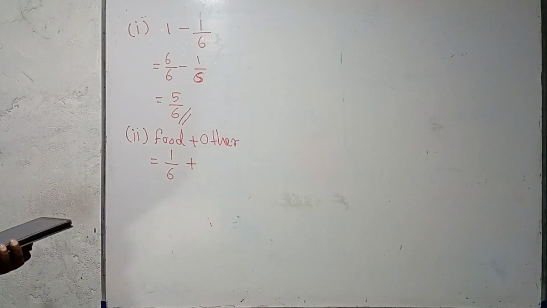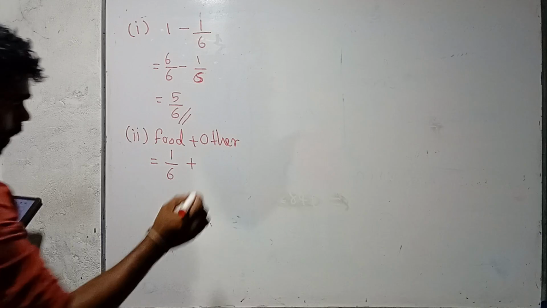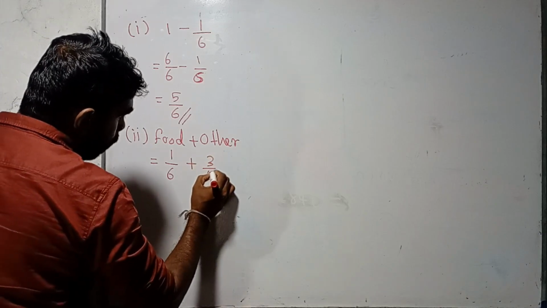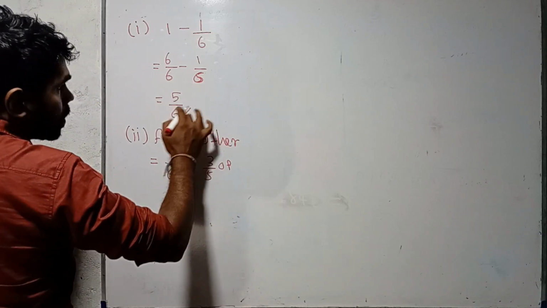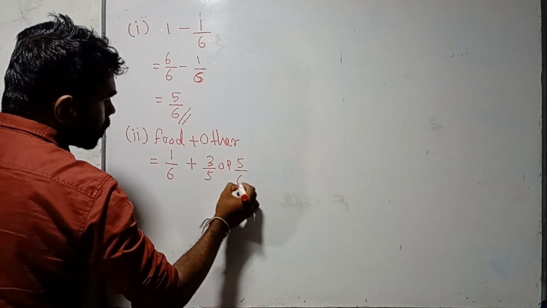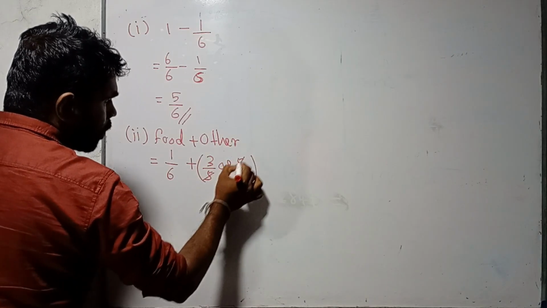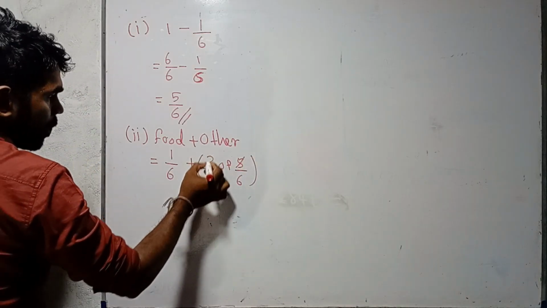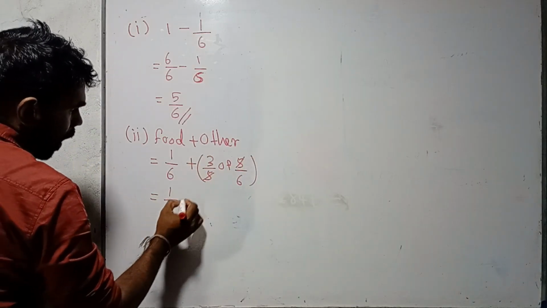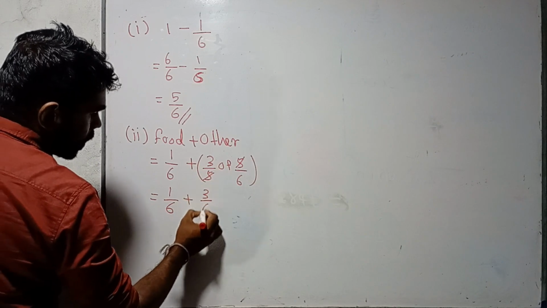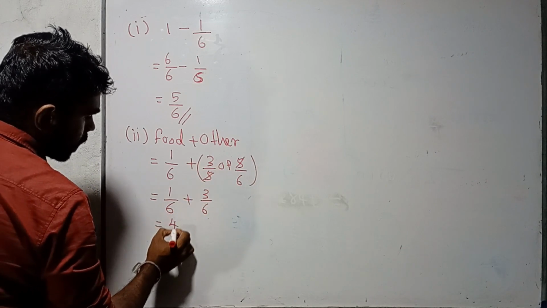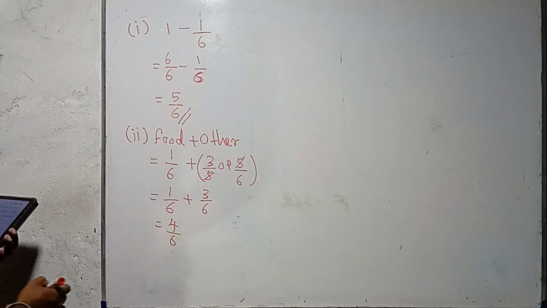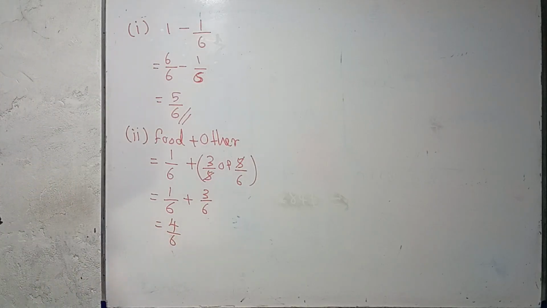Other expenses, 3/5 of the remaining amount. The remaining amount is 5/6. Then we can simplify it. We can cancel out 5 and 5. 1/6 plus 3 out of 6 is 4/6. It is the total expenses.